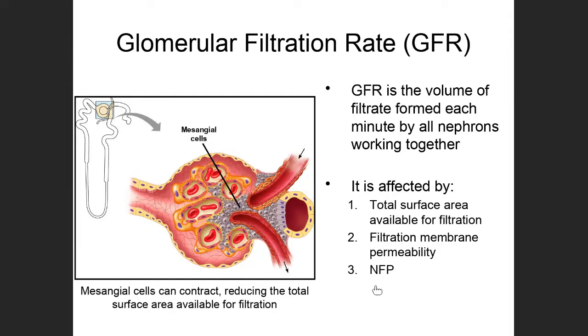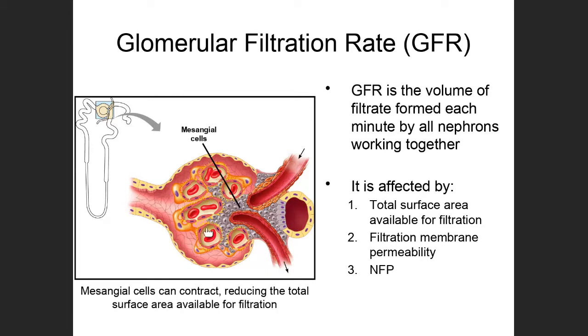But the primary thing that's affecting the GFR is the NFP, the net filtration pressure, which, remember, is highly dependent on the blood pressure within the glomerulus. And what we see between the NFP and the GFR is a direct relationship. When net filtration pressure increases, it makes sense: if there's more pressure in the glomerulus, we're going to push more out into the renal tubule, and we're going to increase that GFR.